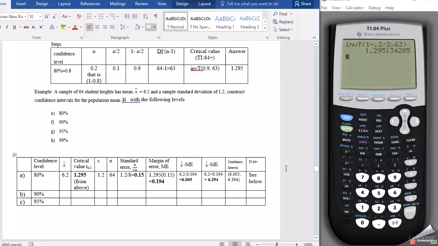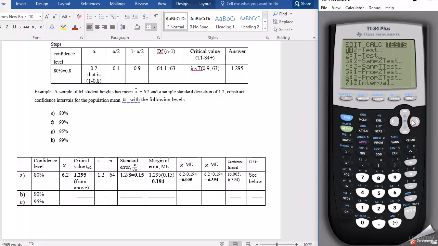How do you do this using the TI-84? We're going to go to Start, and we're going to go to Tests, and we're going to go to T-interval. T-interval is number 8. Okay, so we'll enter, and we're going to select Stats because we have the values we need, and then we have the sample mean as 6.2.